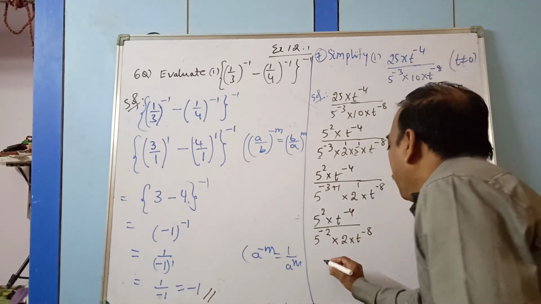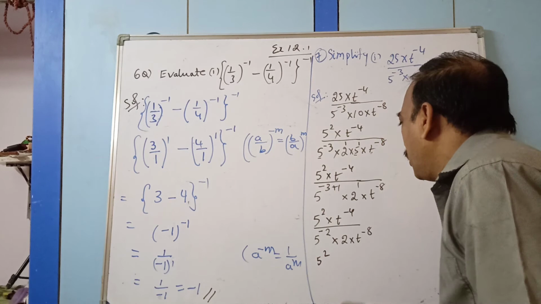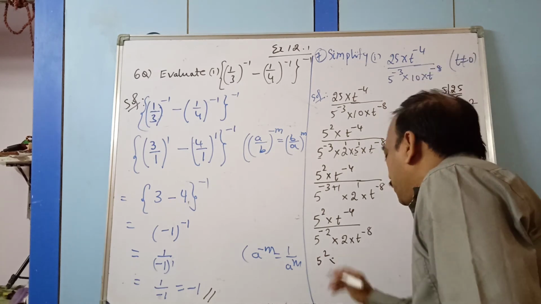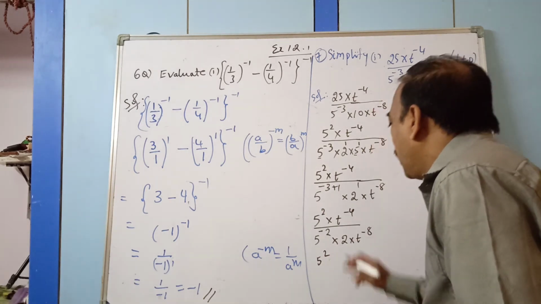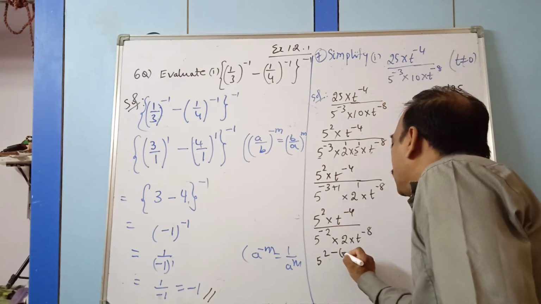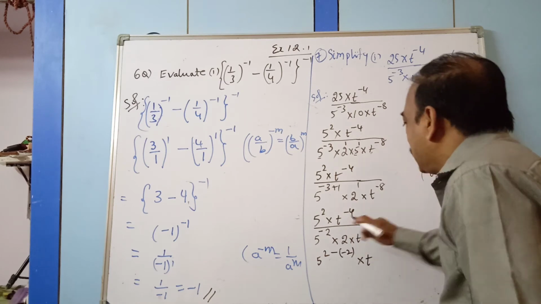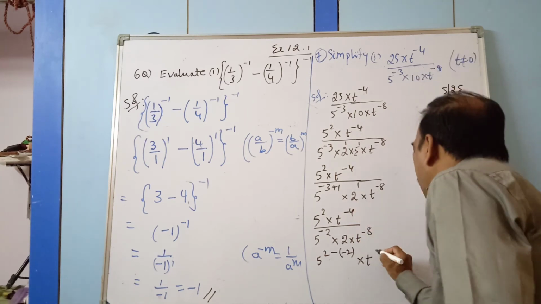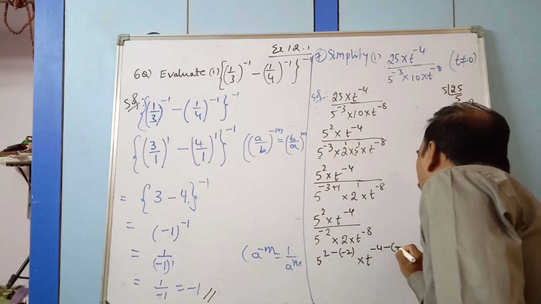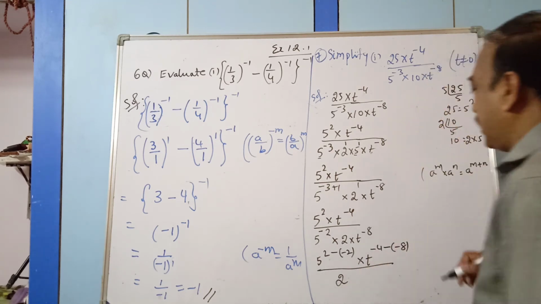So here I am writing 5 power 2 into 5 power 2, a power m by a power n, m minus of minus 2, into t to the power minus 4 minus of minus 8, by 2 as it is.